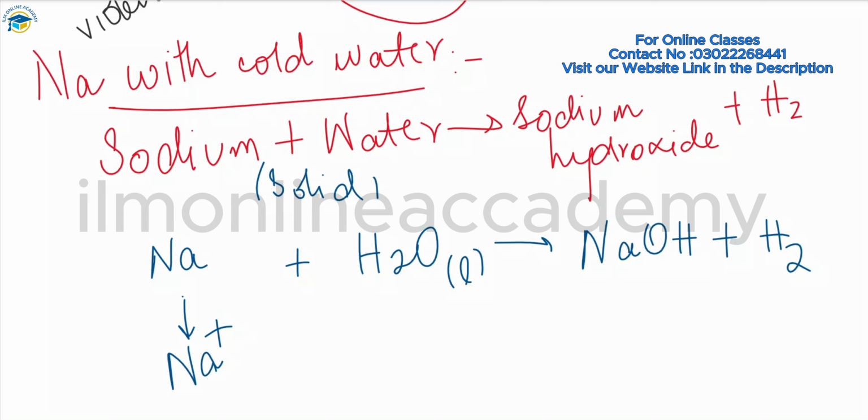When a gas is produced, it forms bubbles in the solution, and bubbles rise to the top because gases always move upward, right? So this is the equation of how sodium reacts with water to form sodium hydroxide plus hydrogen gas.